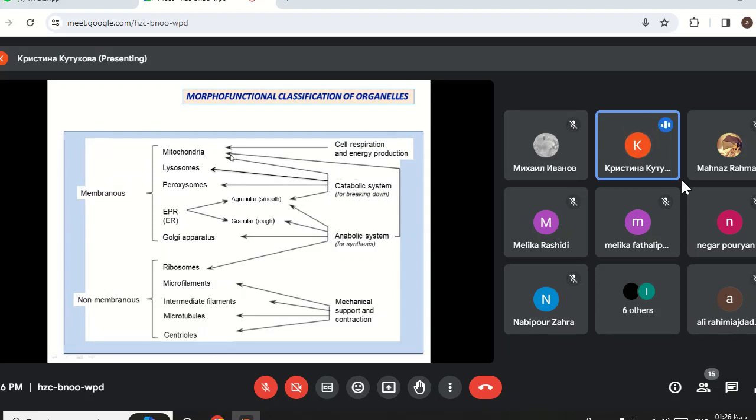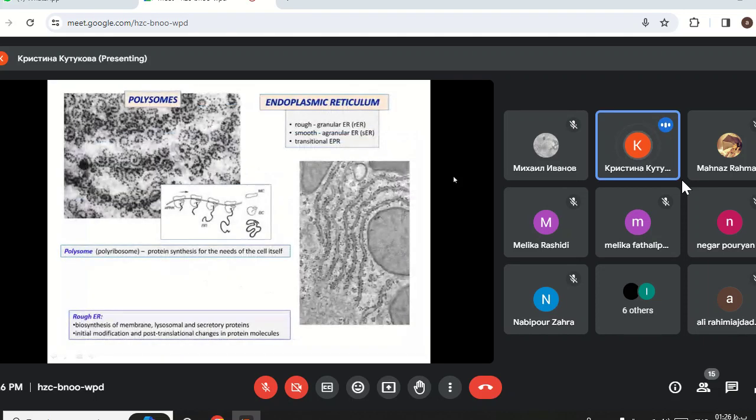So this is performed by mitochondria, lysosomes, peroxisomes, and in some cases smooth endoplasmic reticulum. And anabolic system means for synthesis of some molecules. So these organelles can synthesize some molecules.